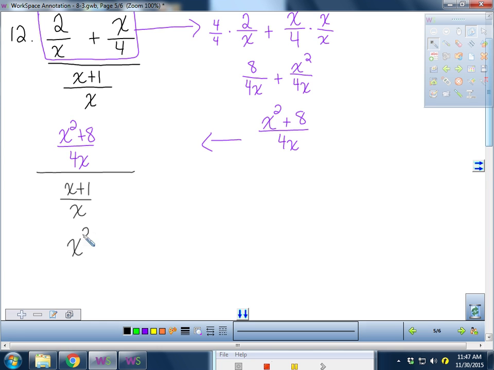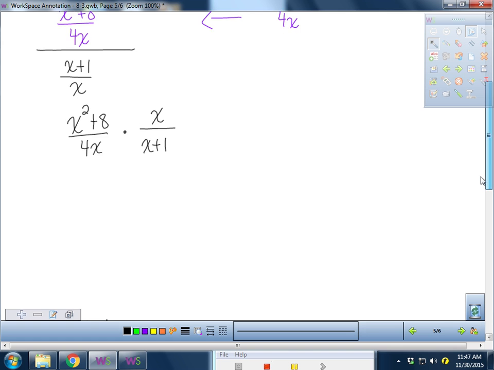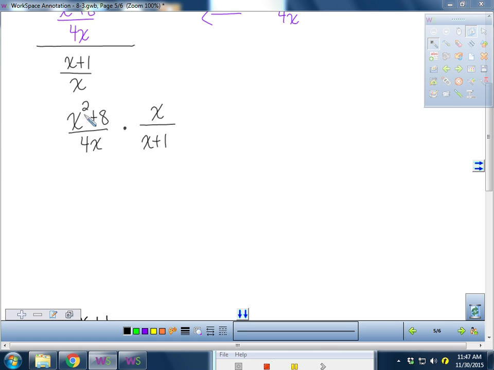So that means I keep this top fraction, change division to multiplication, and then I'm going to flip this one, just multiplying by the reciprocal. Now, at this point, if you could factor something, then you would factor. None of these can be factored. If you could cancel something out, you do.